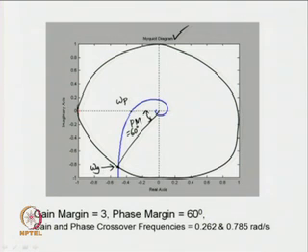Similarly, draw a line from the origin of the plot till the phase crossover point, measure the span, and the inverse of this span will give us the gain margin. So, the gain margin inverse can be given as this span.